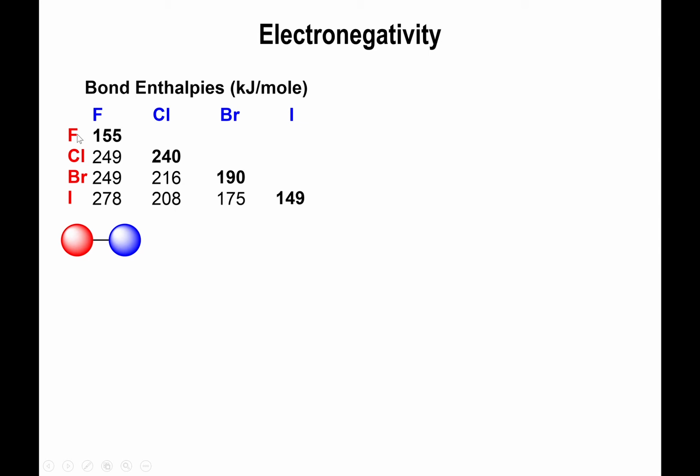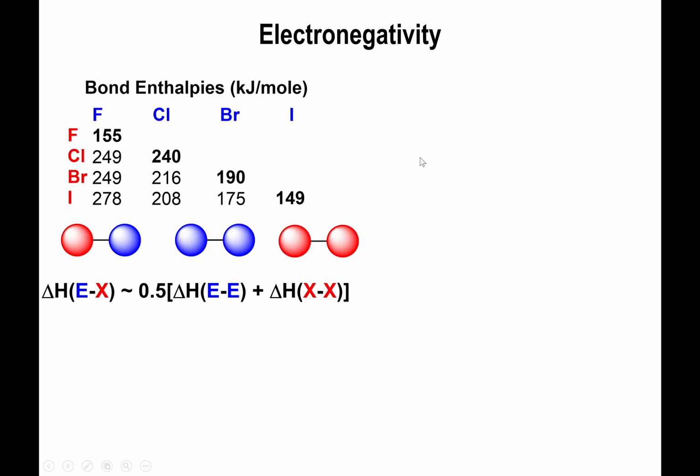So for instance, for the fluorine chlorine molecule, if you have 155 and you have 240 and add them together, you would expect that to be the bond enthalpy of the species, right? So in essence, take the average of the bond enthalpies of these values.